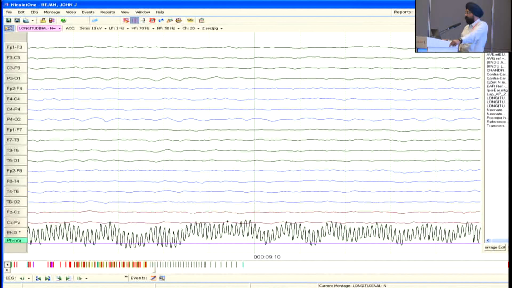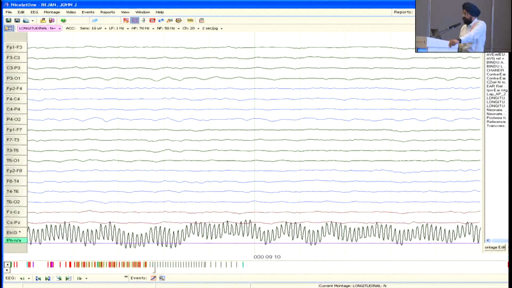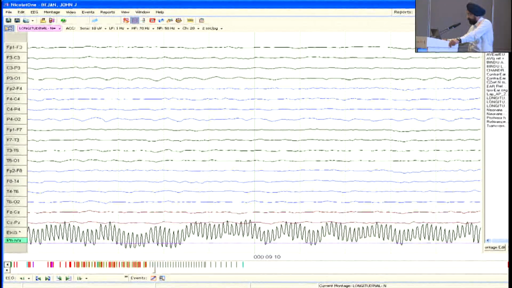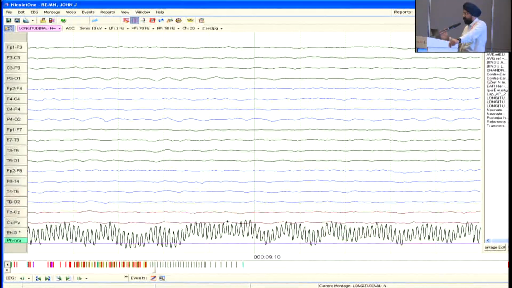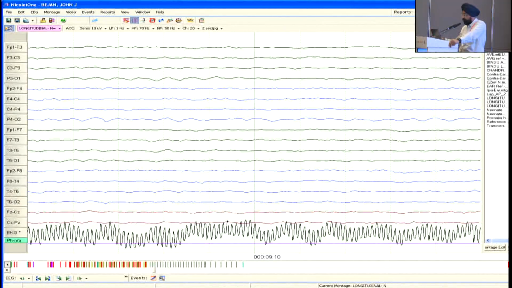Now, when we increase the paper speed, we have made this paper speed 2 seconds. So if you count this full 1 second, it is 50 hertz, indicating it's more than the activity you can get from the brain. You can get it from the brain, but it's outside that range.